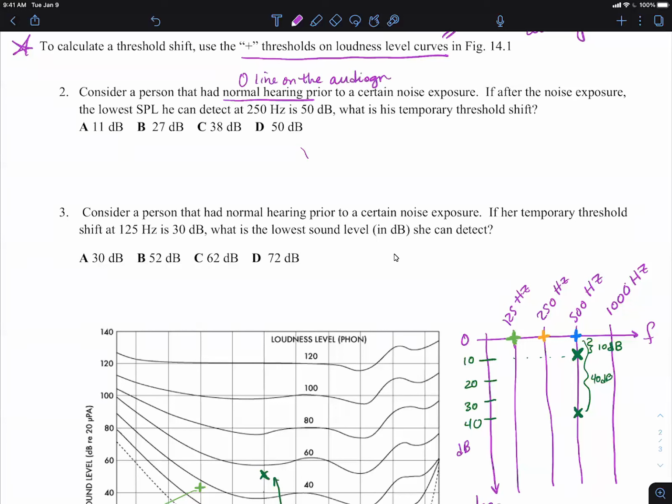That's what we mean by normal hearing. Then they have some noise exposure event, and after that, the lowest sound pressure level that can be heard, so when you hear sound pressure level, now you're thinking vertical axis on the equal loudness contours.